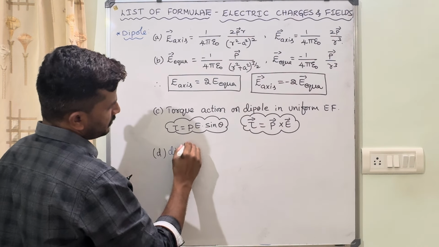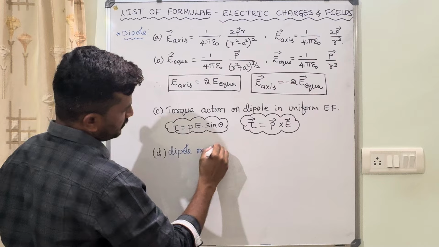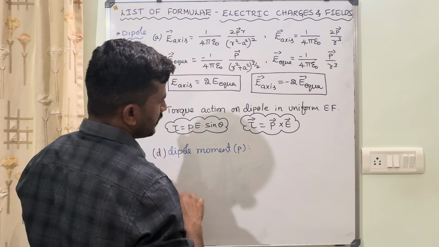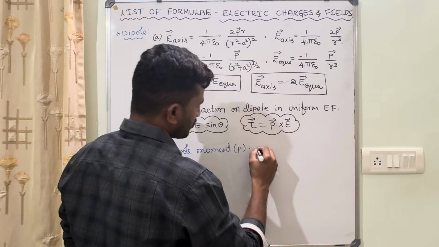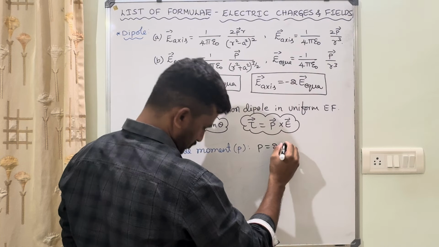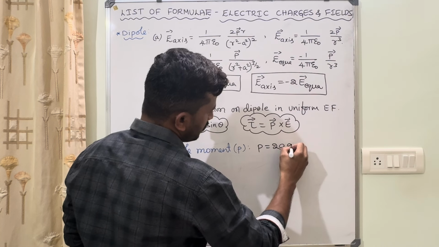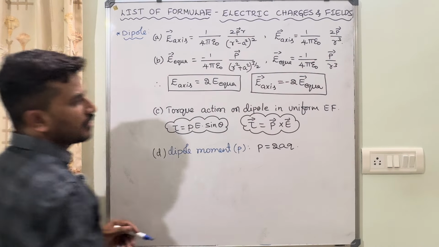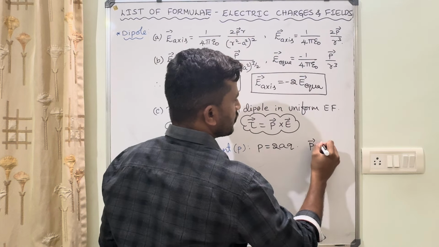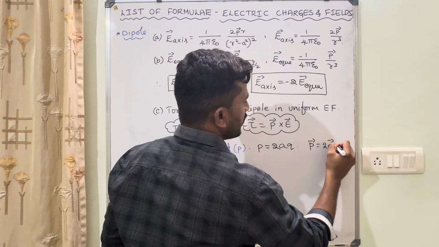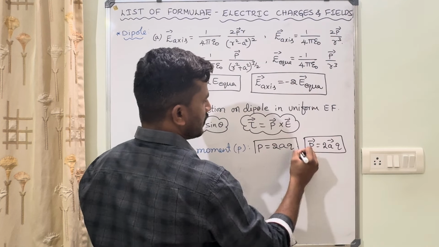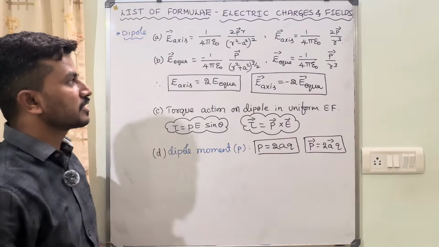Dipole moment, small p is given by p is equal to 2aq, where 2a is called dipole length and q is magnitude of any one of the charges.